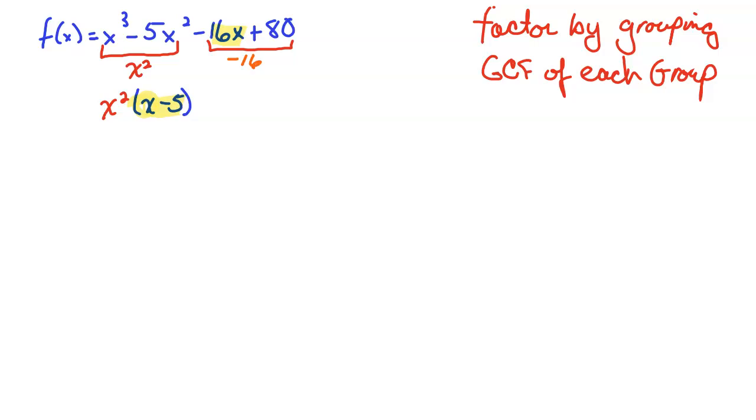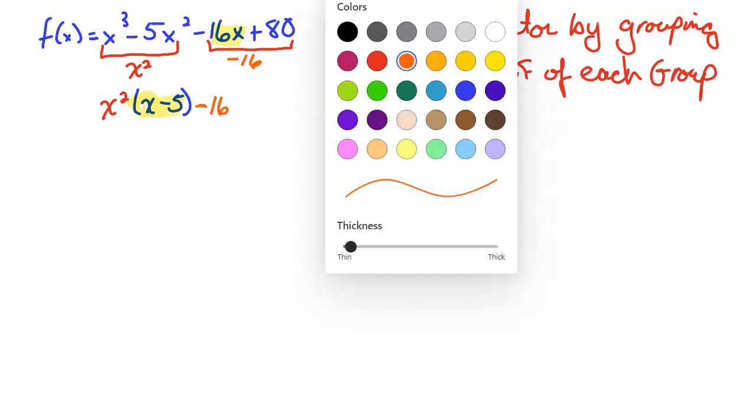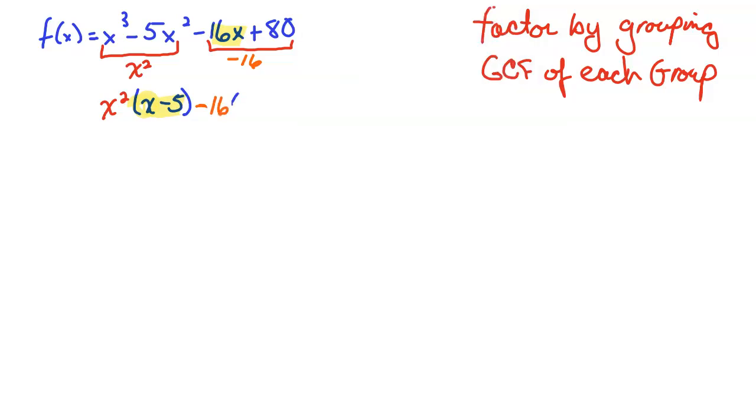Does 80 divide by 16? Well, yes, it does. So I'm going to factor out a negative 16, and when I do, I'm going to be left with a positive x, because negative divided by negative gives me positive, and then positive 80 divided by a negative 16 will give me a negative 5.